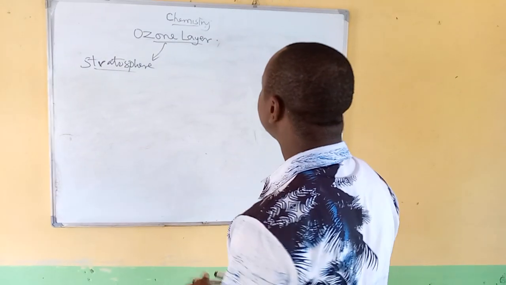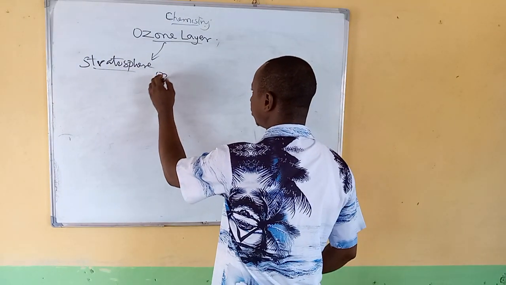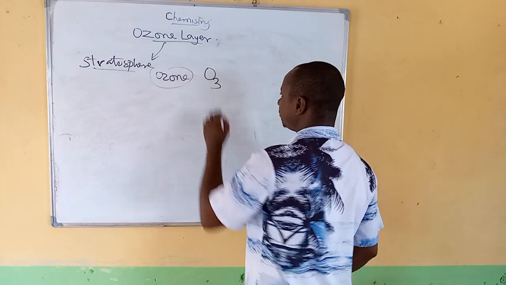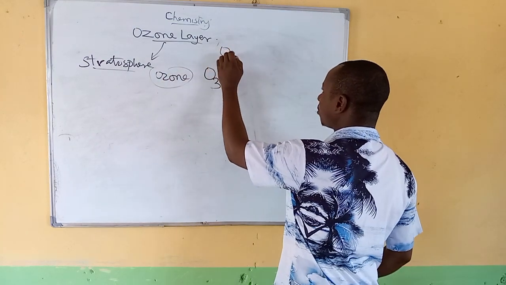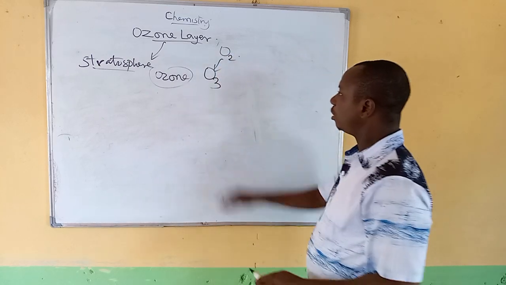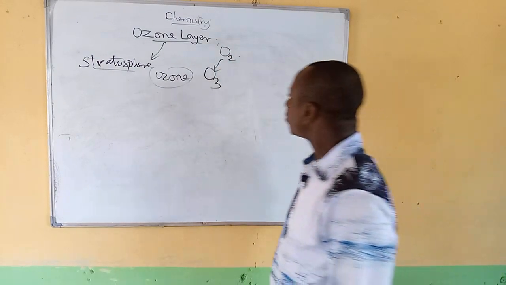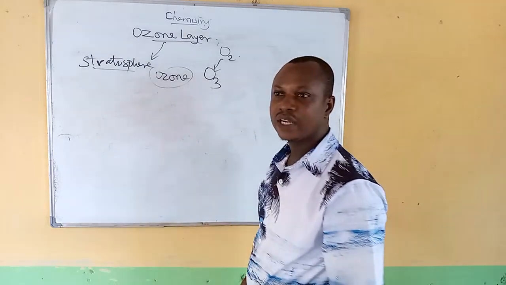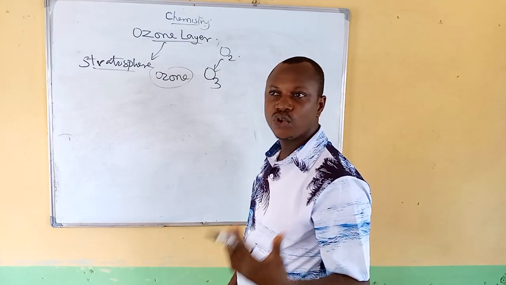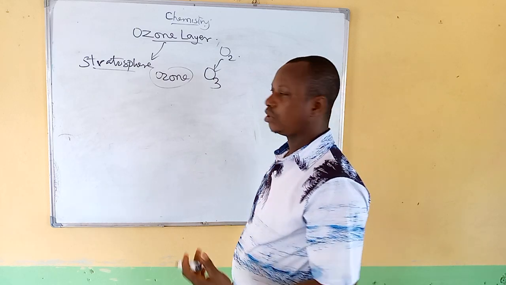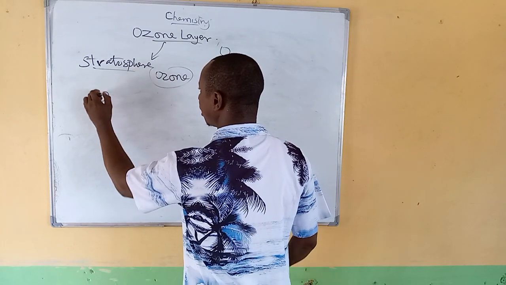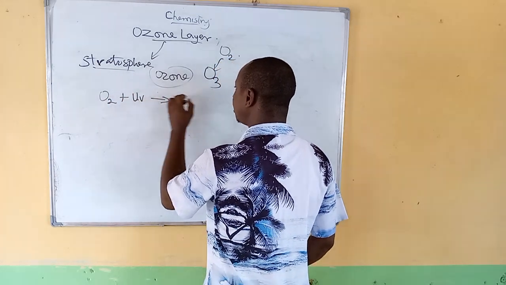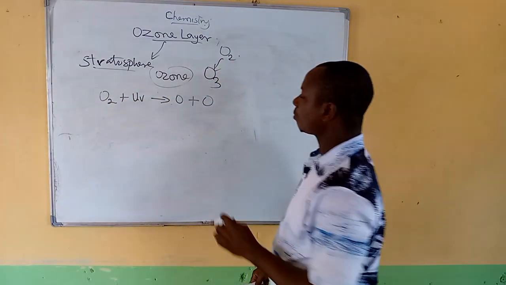But how is this ozone formed? Remember, ozone is represented like this, just like a diatomic oxygen, but this one is what? Ozone. It results when oxygen undergoes photodissociation. What do I mean? When oxygen reacts with ultraviolet light, it splits into two atoms.